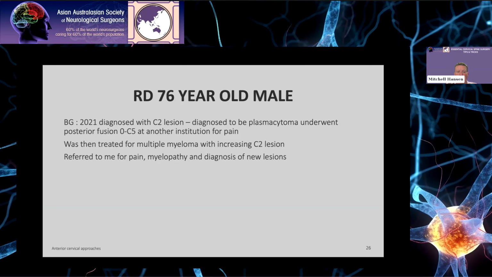He was then treated for multiple myeloma, but had an increase in the size of his C2 lesion. So he was referred to me some weeks ago for increased pain. He'd developed some myelopathy, and he had a diagnosis of other spinal lesions.